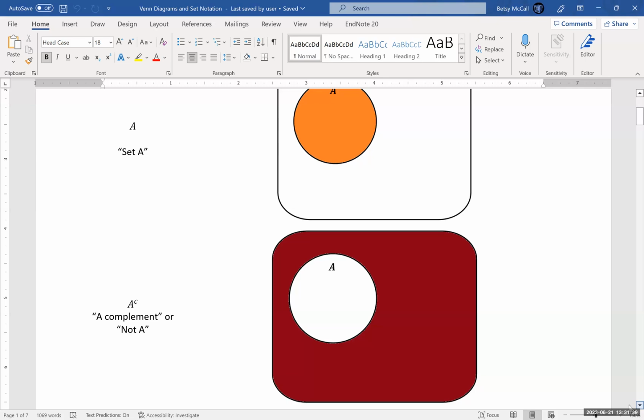Some will use the tilde key, which is to the right of your one key on a standard keyboard layout if you hit shift. I have seen a straight line with a hook over it in front of the A. I have seen A with a bar over it representing the complement. There are so many different ways to represent the complement of a set.